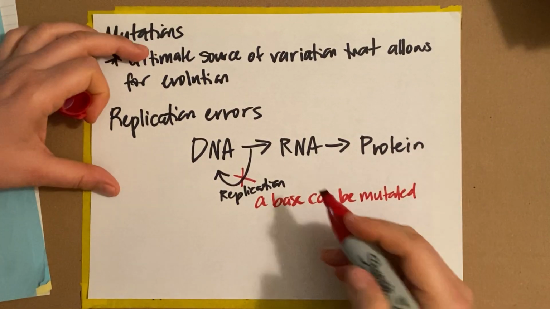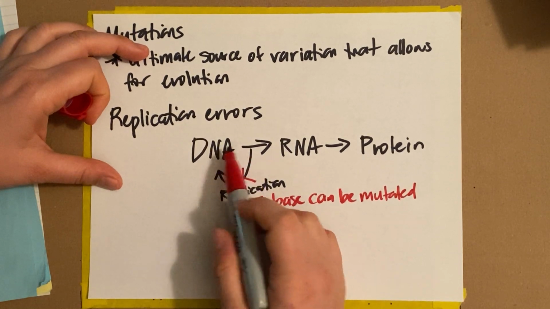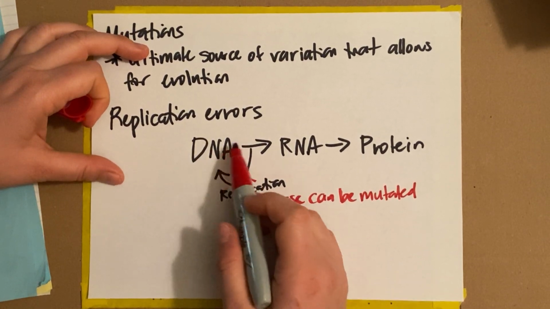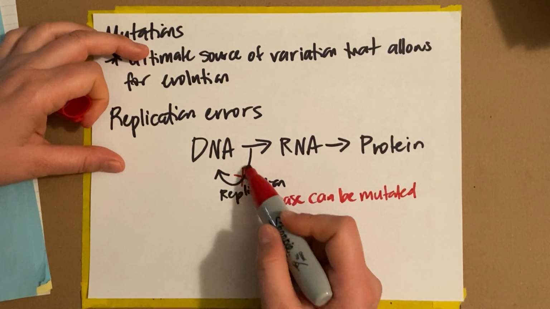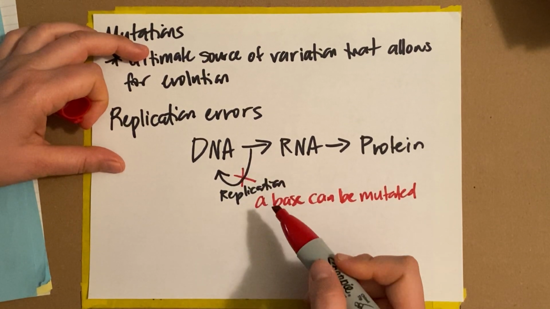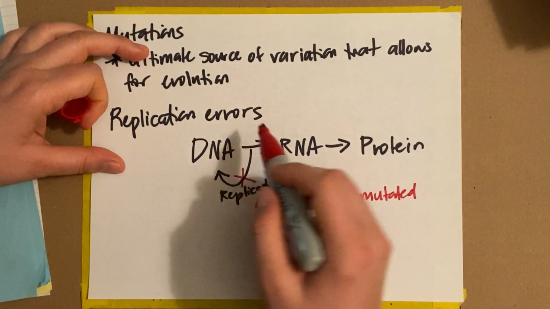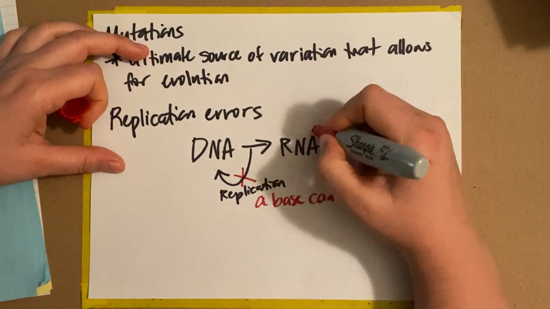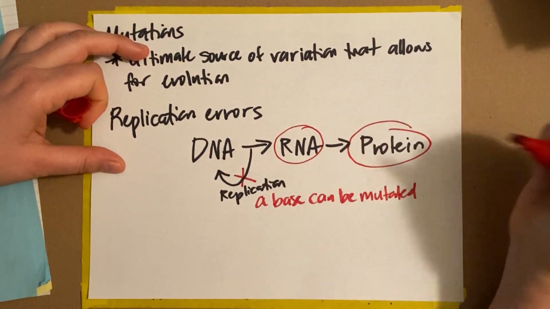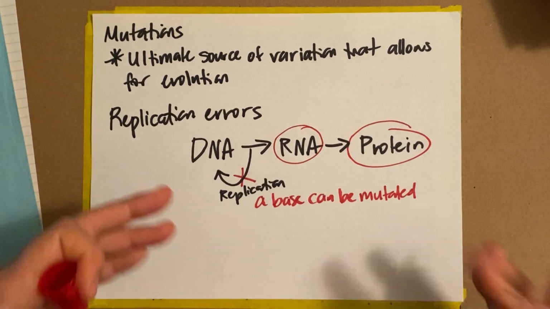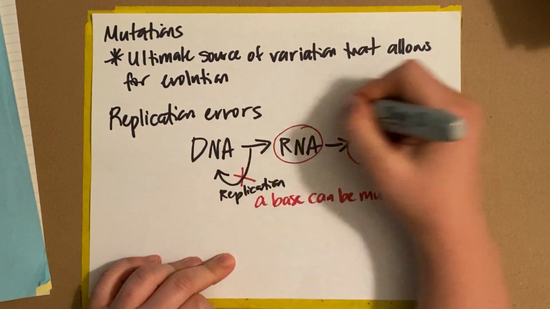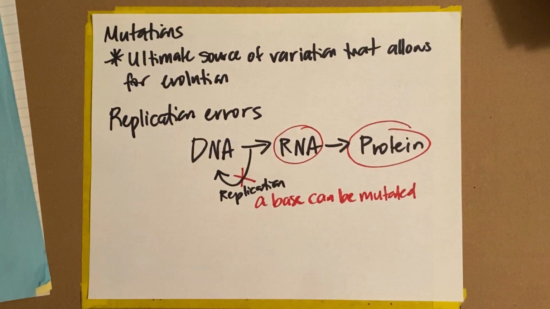What that means is that the DNA that is ultimately going to be holding the genetic material will have that mutation, and that mutation is then going to cause changes here and here. It's going to have cascading effects on both the RNA and the protein.